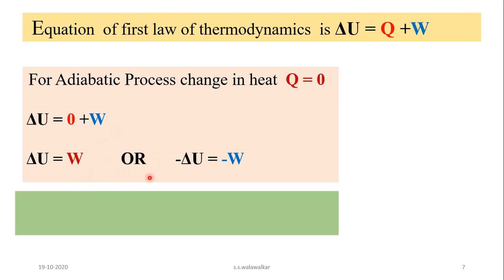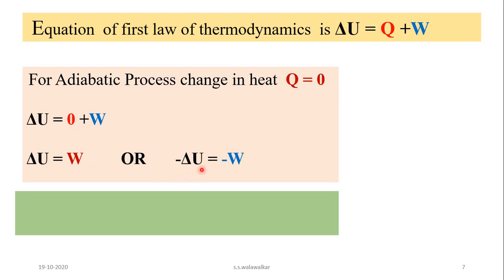Or an alternate statement of this, you can state like this also: when expansion type of work takes place in adiabatic process, then internal energy of the system decreases. Or when compression type of work takes place in adiabatic process, then internal energy of the system increases. That means temperature of the system increases, as internal energy is a function of temperature.